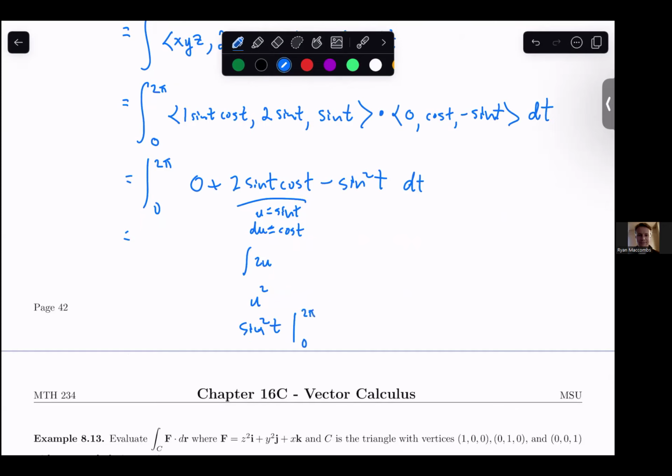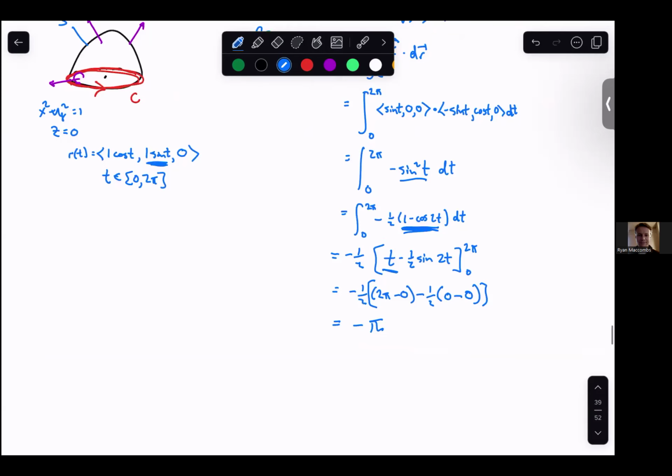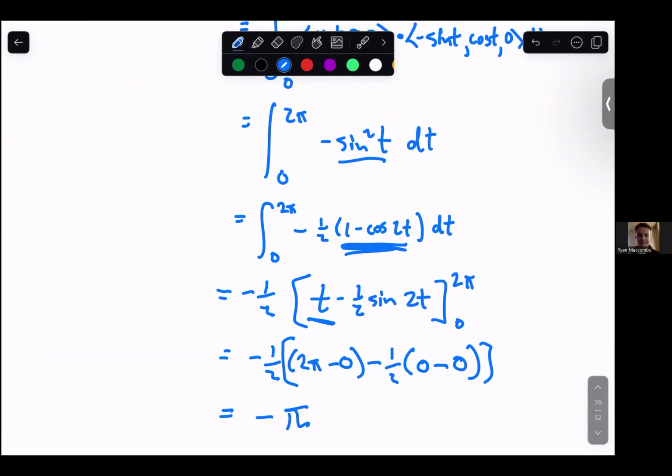But as you can see from this, when you plug in either 2 pi or 0 into sine, you're going to be getting out 0. So this bit right here is just going to give us 0. This negative sine squared t, well, actually, we had just evaluated this back here. So you may remember we need to use this power reduction rule. And at the end of the day, if we follow all of these same steps, we're going to get the answer of negative pi.